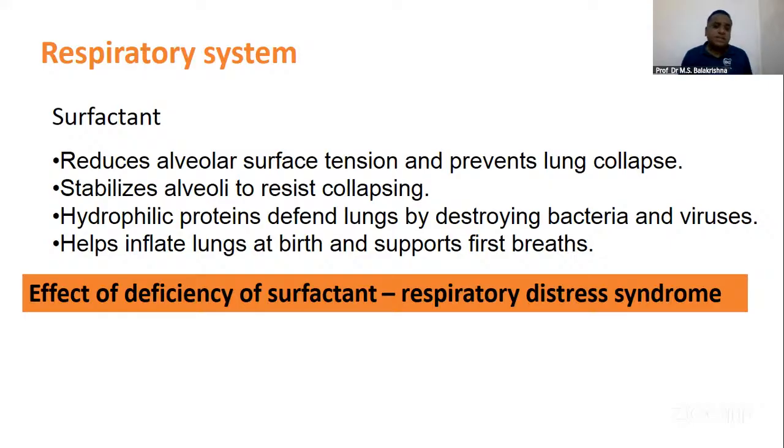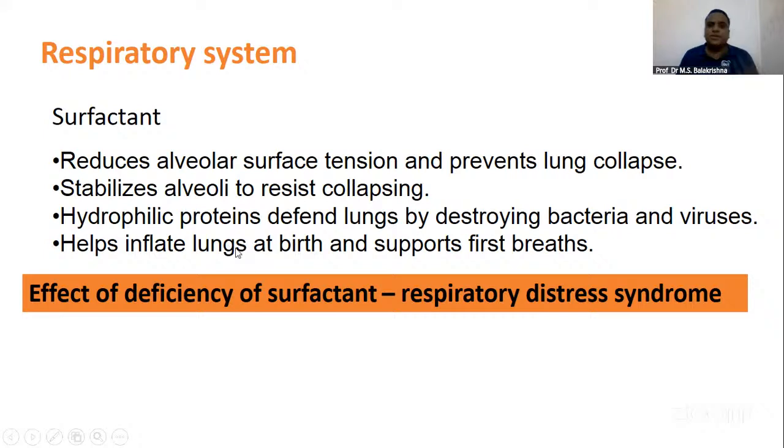So please understand, the lung will expand during inspiration. Only the first breath of the child is taken after childbirth, within seconds. Then, if the surfactant is not there, what will happen? Respiratory distress syndrome. The child is not able to breathe properly. Respiratory distress syndrome, so please make a mark of this.